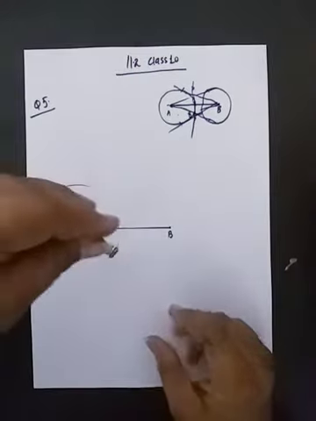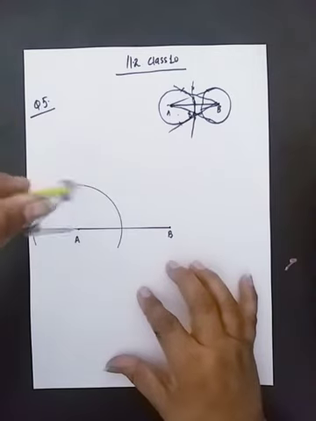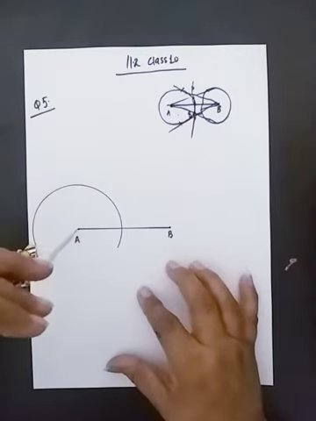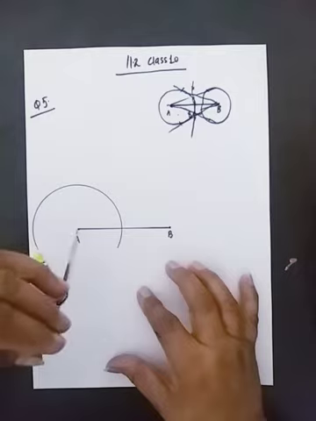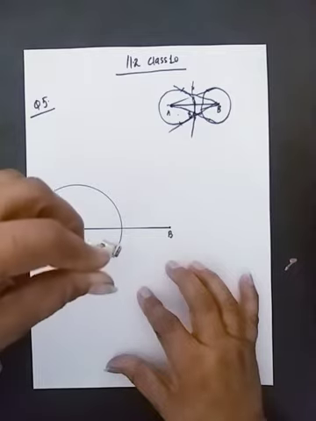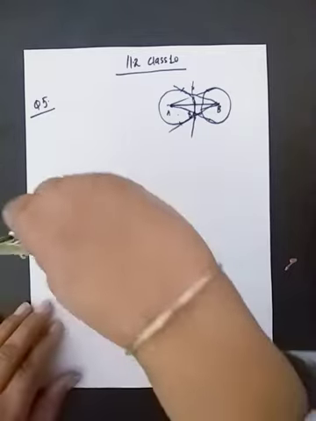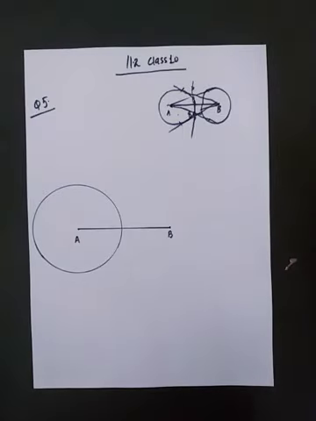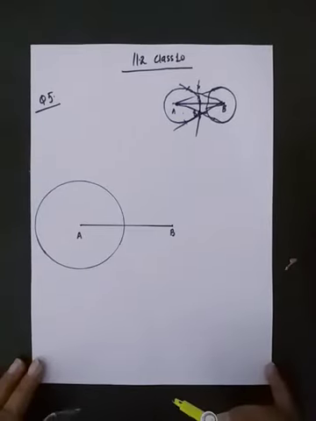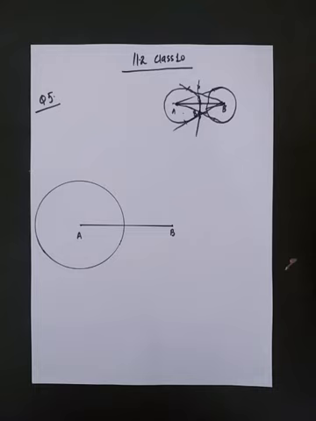So here I am going to draw my first circle. And now taking B as center, we have to draw a circle of radius 3 centimeter.